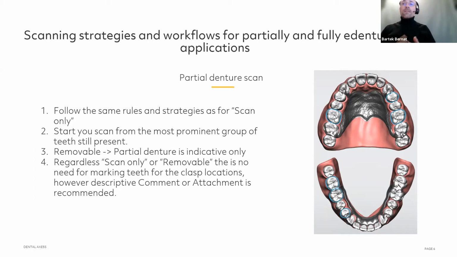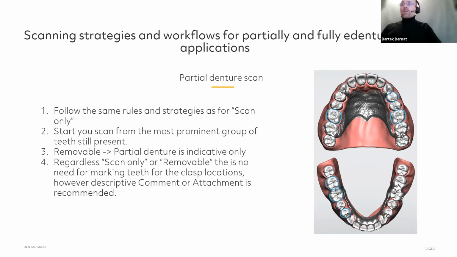So if you need some clasps in a place that you need them, you need to notify the lab in the comments or maybe attach some drawing of how you would like the partial denture to look, okay? Because there's no special tool to mark clasps or palatal part just yet. So it's basically full jaw scan.